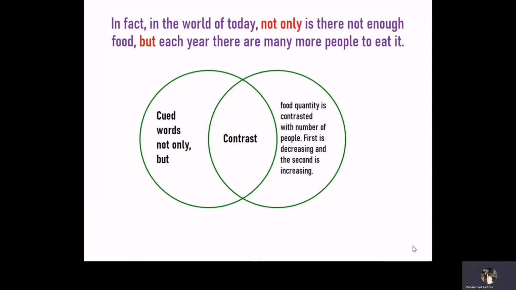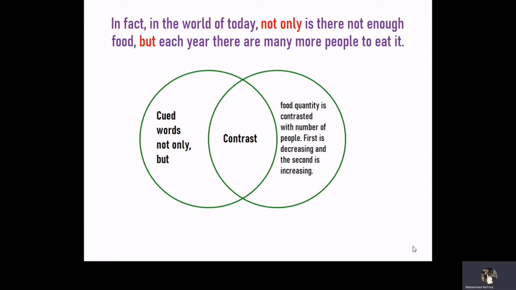Now we have two cued words here, not only and but. And we know that these two cued words or phrases show contrast. So we can understand that in the above sentence, food quantity is contrasted with the number of people.